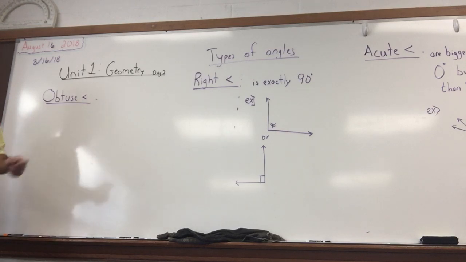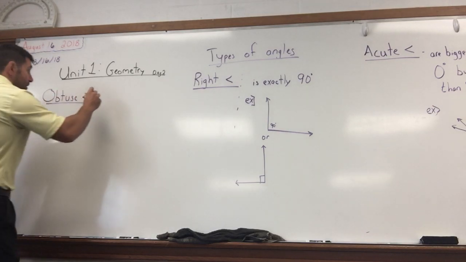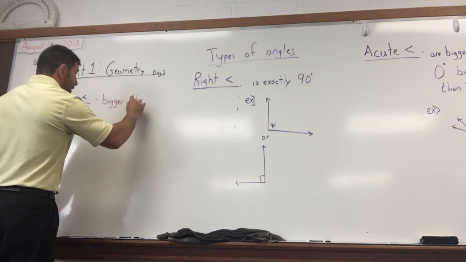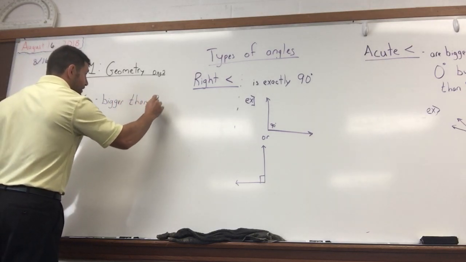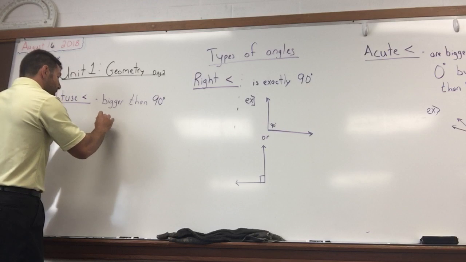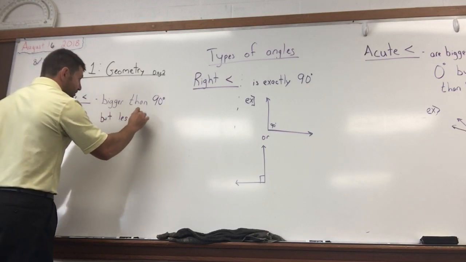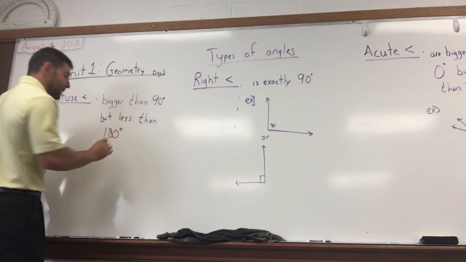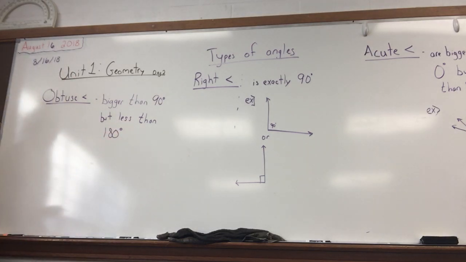Obtuse is big. Well, what's it bigger than? It's bigger than 90 degrees, but less than 180 degrees.